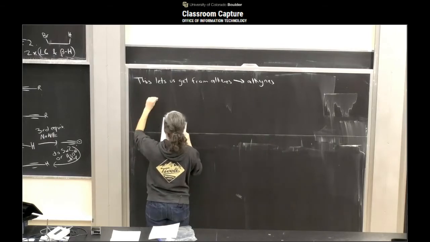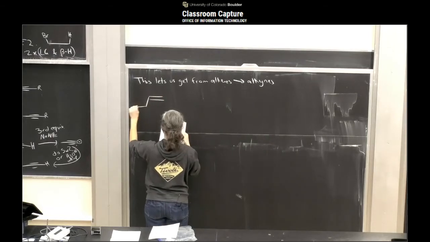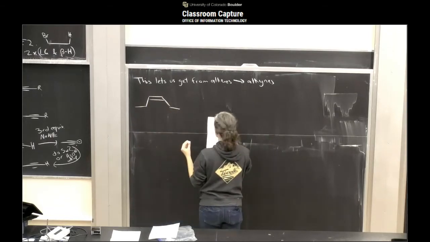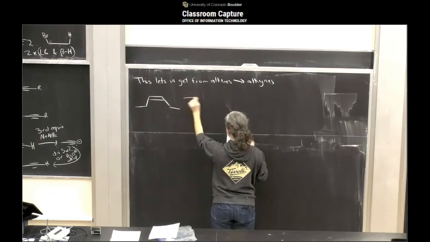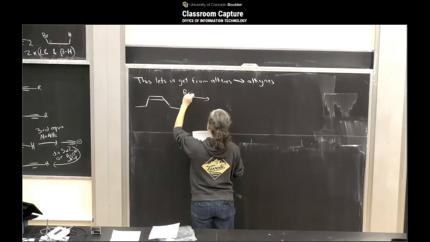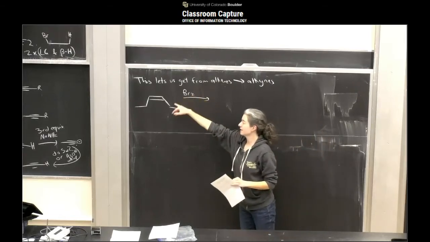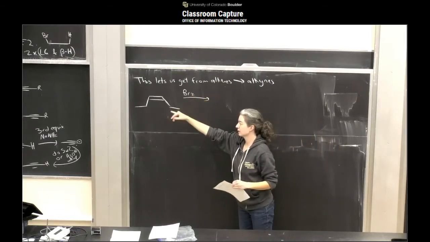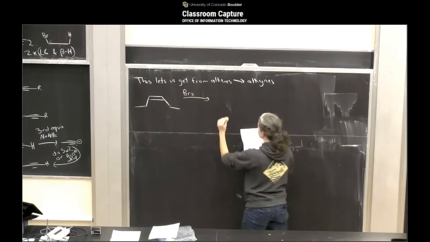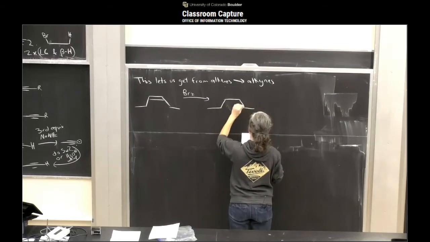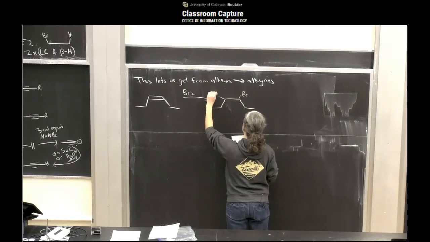So I'm going to draw a slightly simpler version than what I have in the notes just to save space. But as long as we can take our alkene here and get a couple of bromines onto the carbons, either both on the same carbon or one onto each, that'll get us to here.